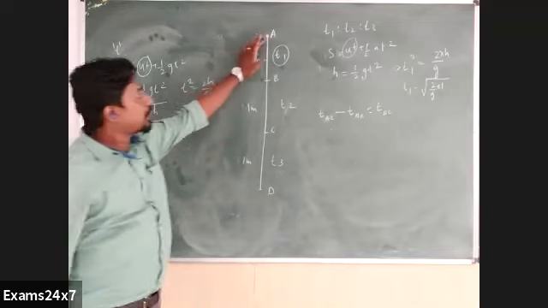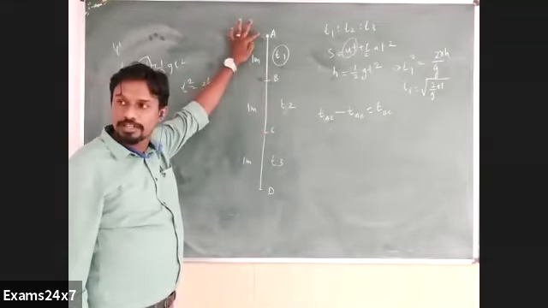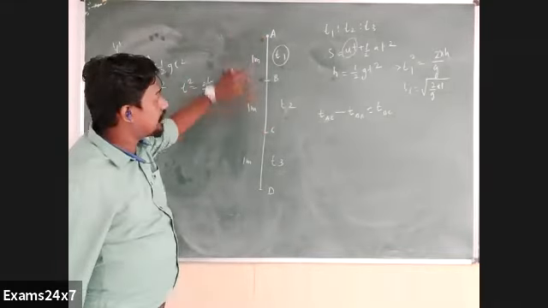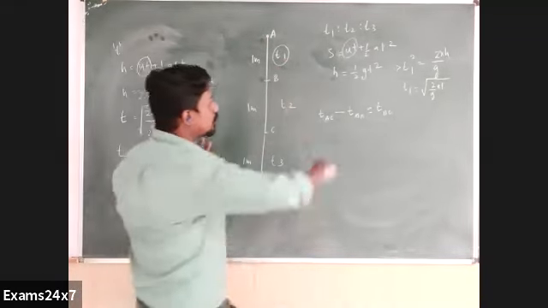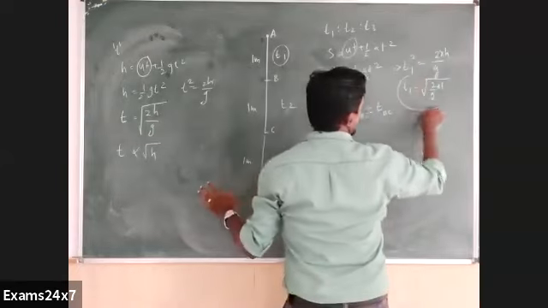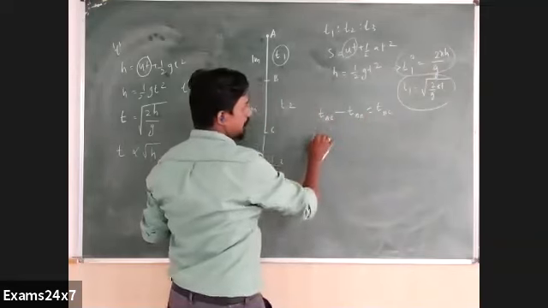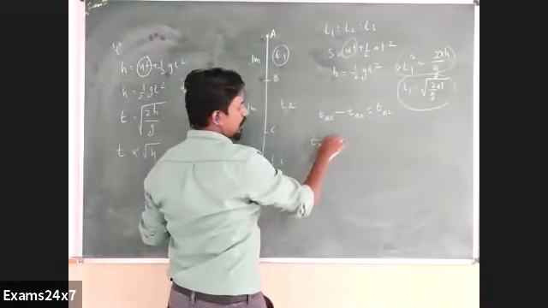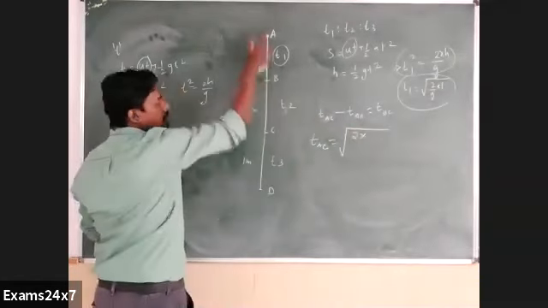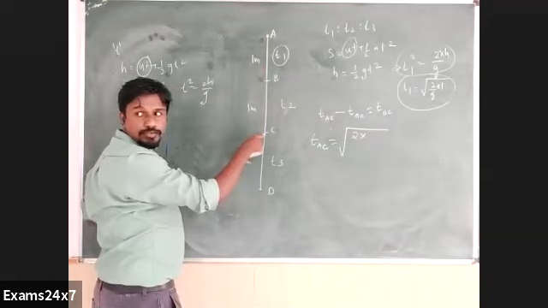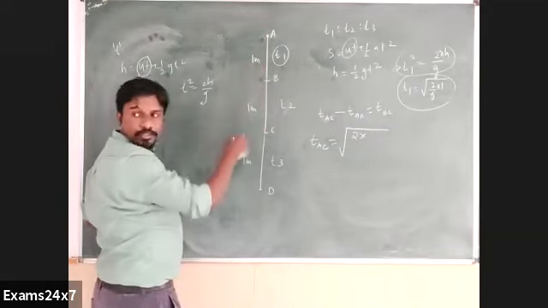What is the time taken by the object to travel from A to C? Initial velocity is 0, distance traveled is 2 meter, acceleration is g. Substituting in this formula, time taken from A to C is square root of 2 into 2 by g, since the distance from A to C is 1 meter plus 1 meter, total 2 meter.